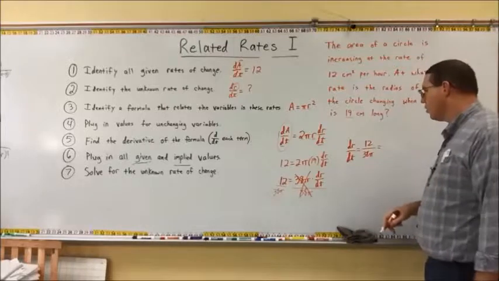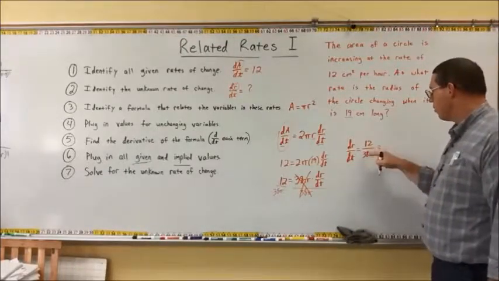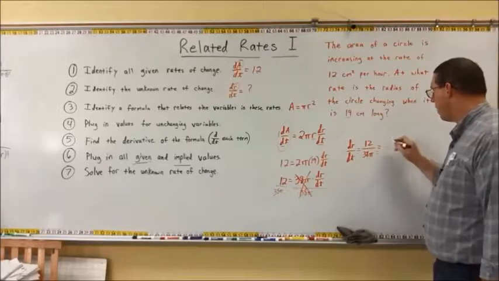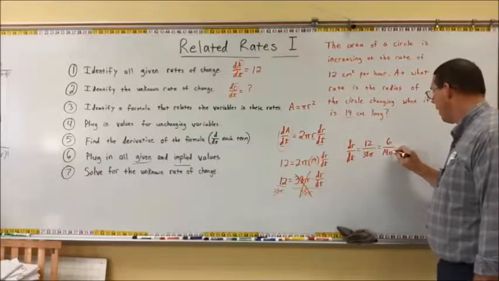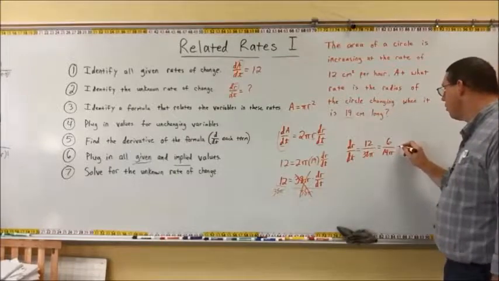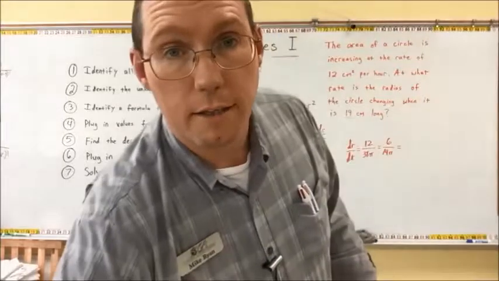Now, your teacher, your professor, whoever may expect you to reduce this. In order to reduce this, you just divide the top and the bottom by 2, and you'll have 6 over 19 pi. You could also plug this into a calculator and get a value for 6 over 19 pi.